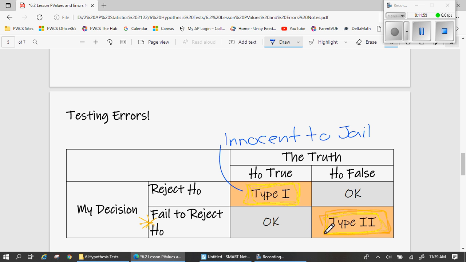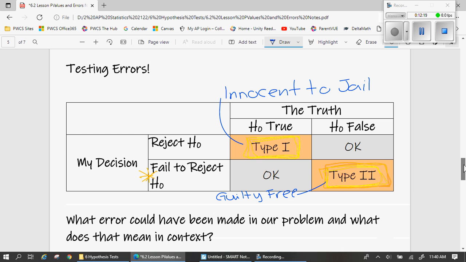A type 2 error is a guilty person going free. So the evidence we had steered us in the direction of failing to reject, even though they were guilty. And you probably know, if you've watched Netflix, that this happens a lot.